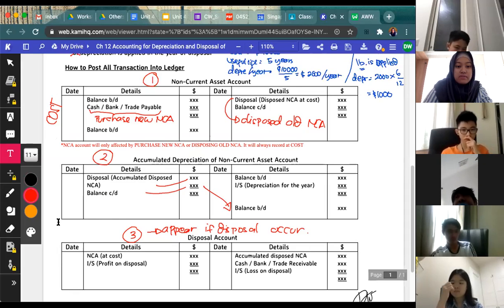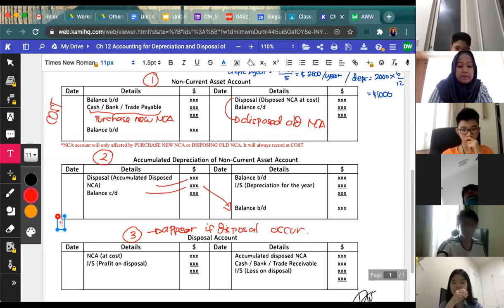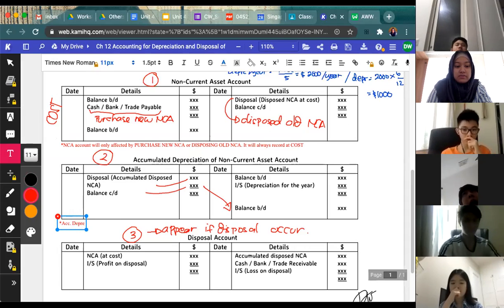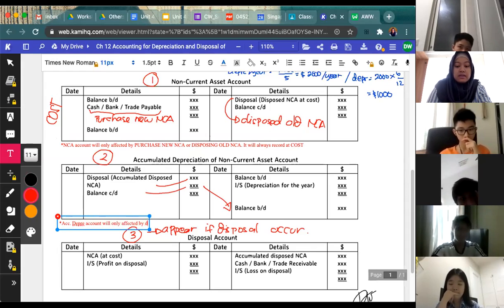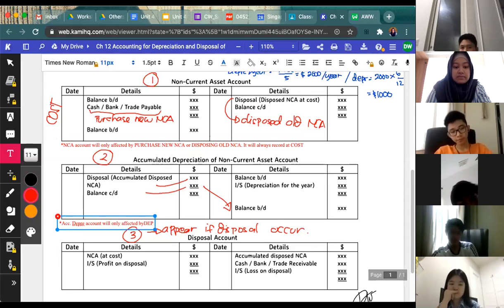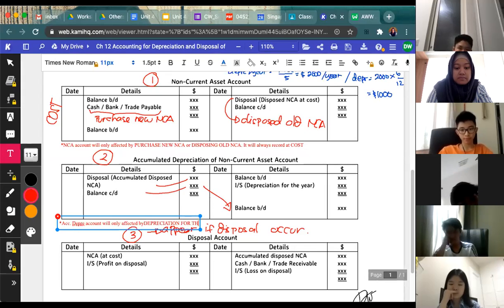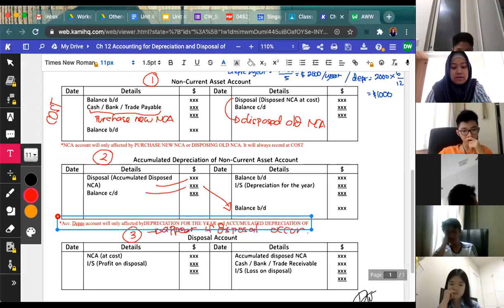So for this one, for number 2, the accumulated depreciation account will only be affected by depreciation for the year and this accumulated depreciation of the disposed NCA.